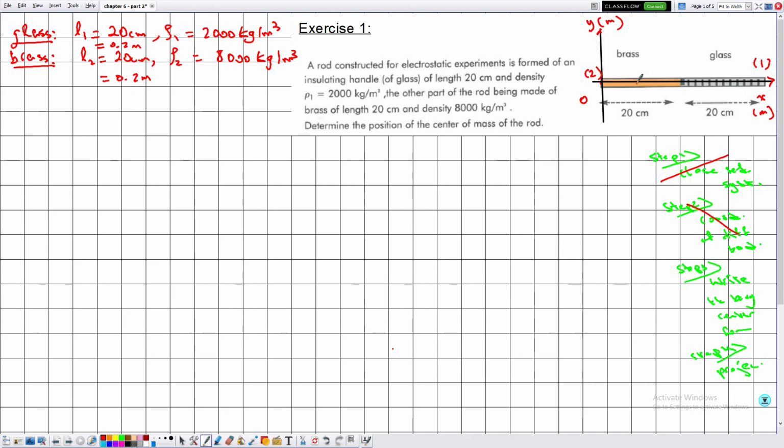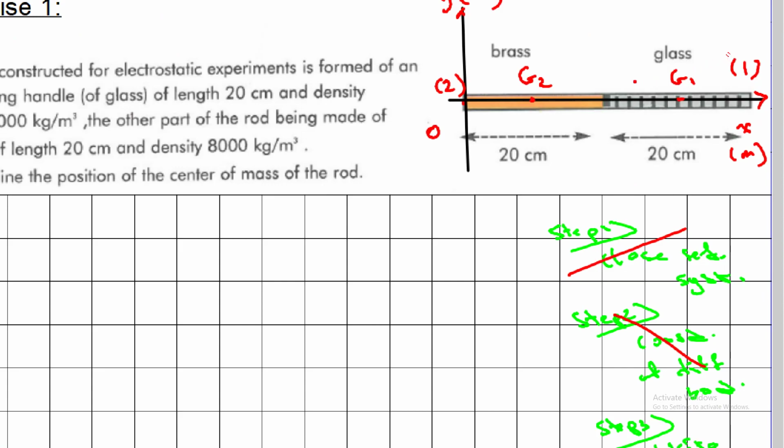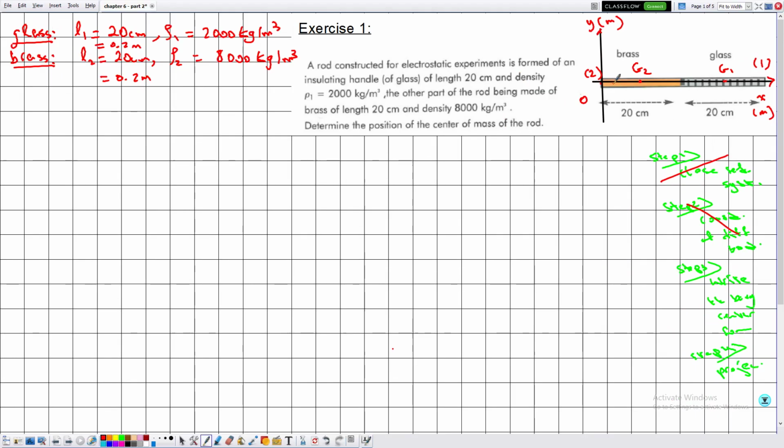So G2, representing brass, will be here at the center of this material. This is G2, and as for glass, this is G1. Now let's locate the coordinates of G2 and G1 with respect to the origin O.